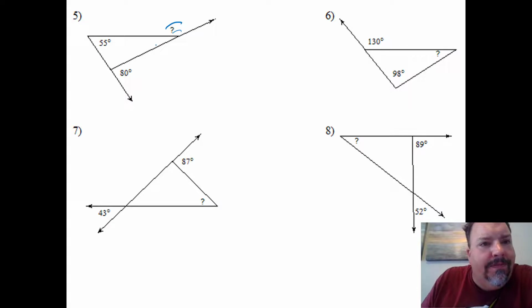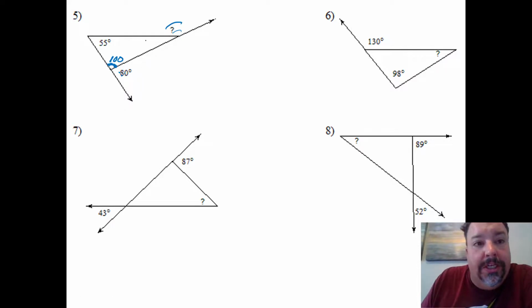But to do that, I have to fill out the rest of the triangle. So we've got to fill in all the information that we know. What do I know about this angle down here? It's a linear pair with the 80 degrees. These two angles are going to be supplementary, which means they have to add up to 180 degrees. So this angle here would have to be 100.